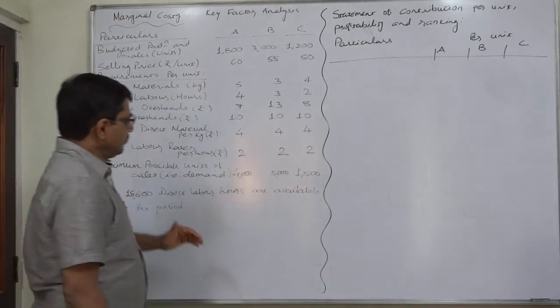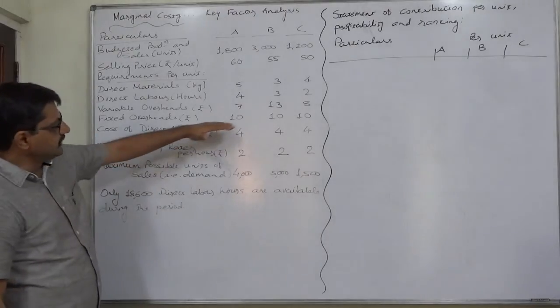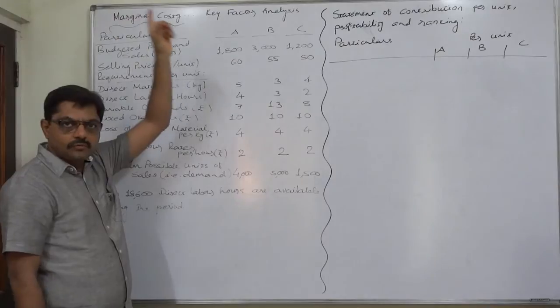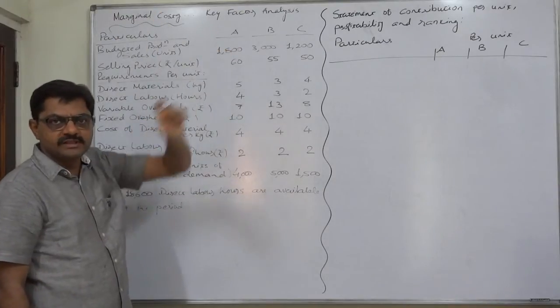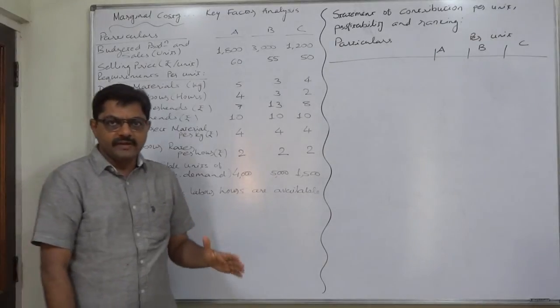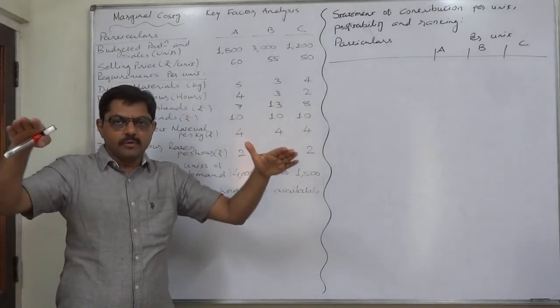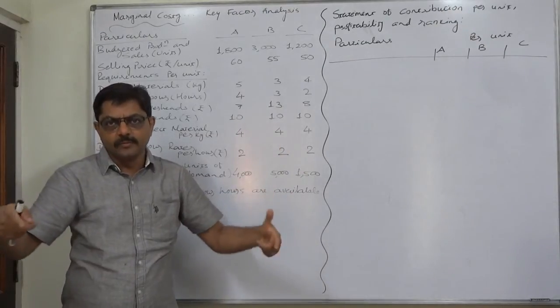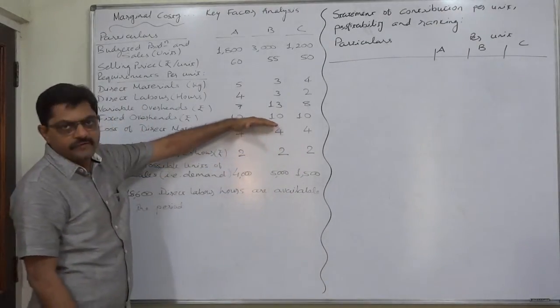But the logic behind this is that this amount is actually derived from the total amount of fixed cost, which is a single amount for the whole factory. First, the total fixed cost is distributed among three products, and then it is divided by the relevant number of units of the product to arrive at the per unit fixed cost.